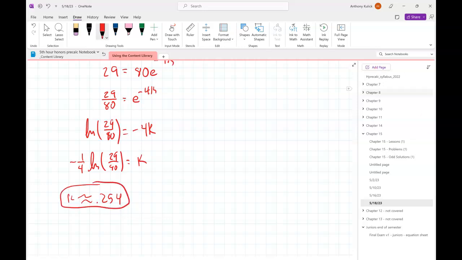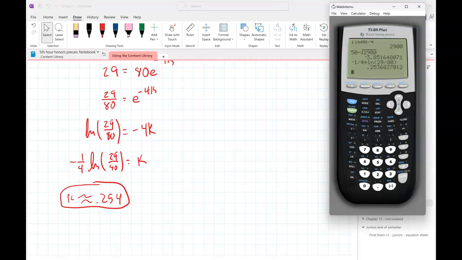Now, the decimal points here kind of matter. This is pretty sensitive. So I'm going to end up just storing this variable into my calculator. I'm just going to do the STO button and then alpha K, and store that number into the K so I can use it later when I do the other part of this problem.